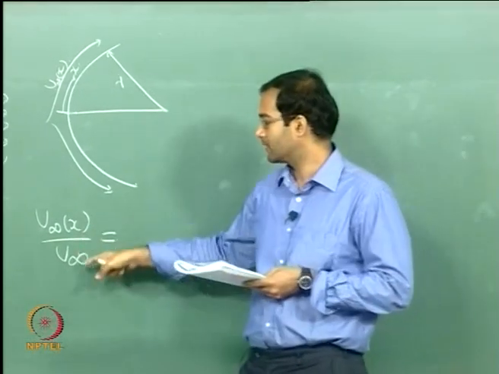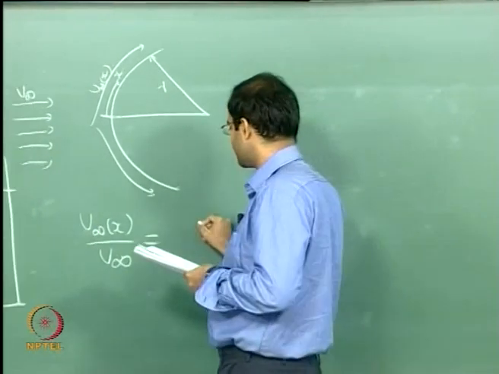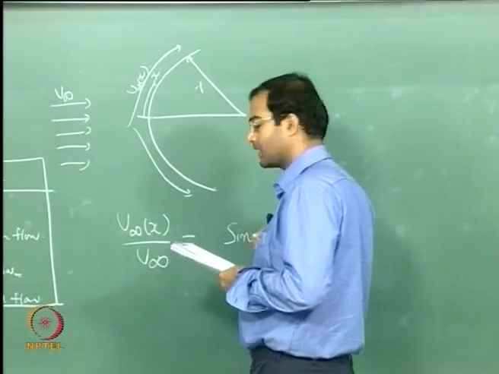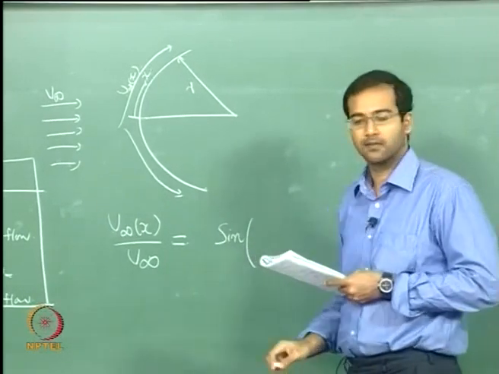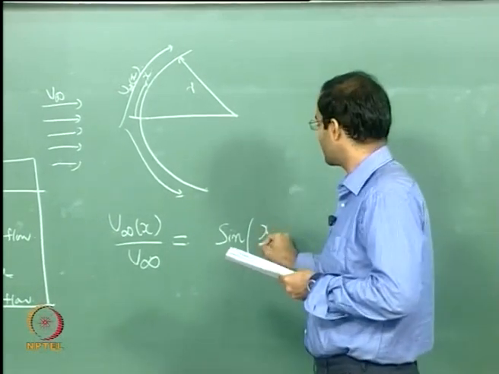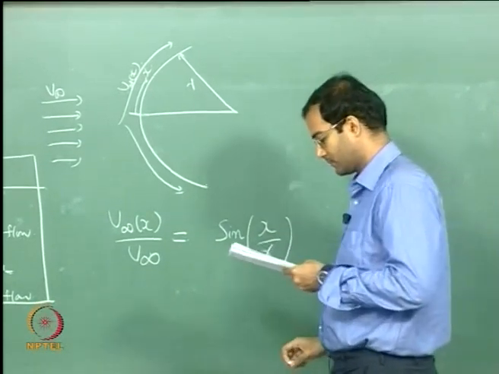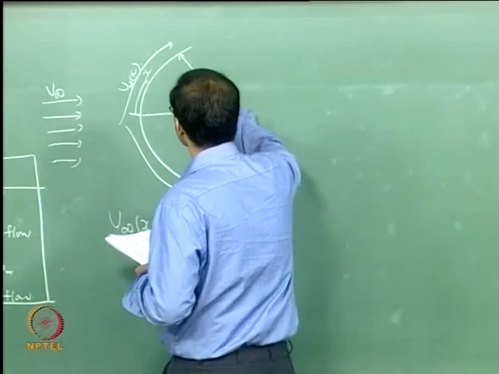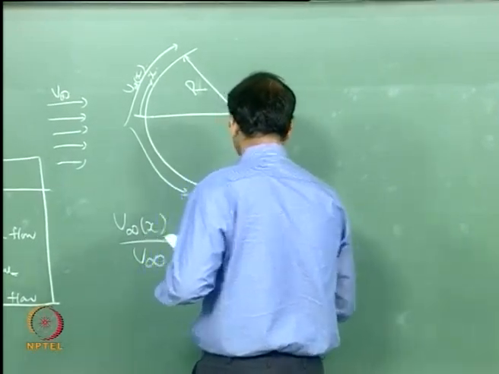So u infinity of x by u infinity, it has to be a sine variation, and what should be the variable? x by R. Maybe I can use a capital R because this is the radius of the cylinder.